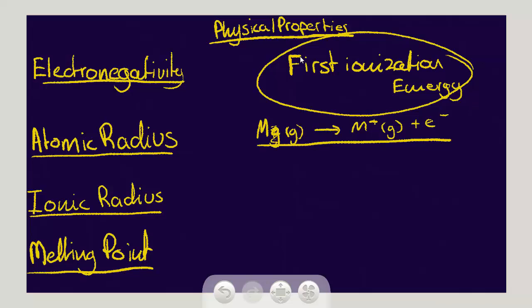This is because the atomic bonding within these elements is metallic. The solid is held together due to an electrostatic attraction between the positive ions and the electrons, the positive ions that derive from the central nucleus.